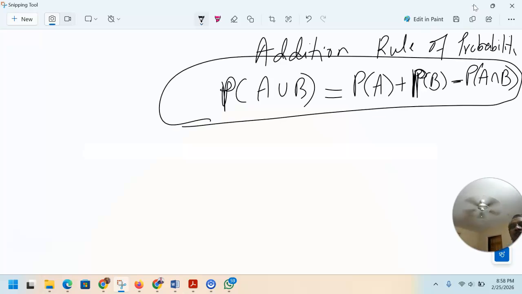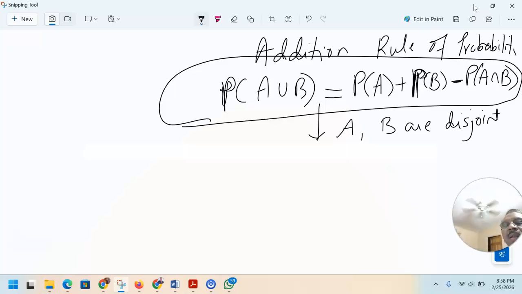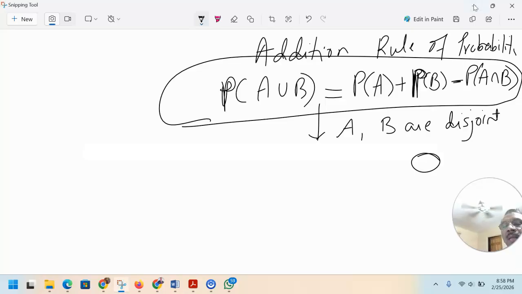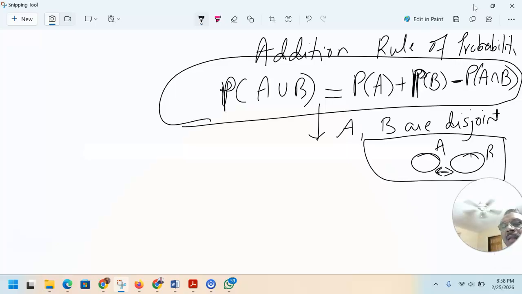We are going to use this. The only thing to take note of is in case A and B become disjoint. A and B disjoint basically means this is A and this is B, in the sample space, and they don't touch each other at all. There's nothing common, so this piece is like zero.